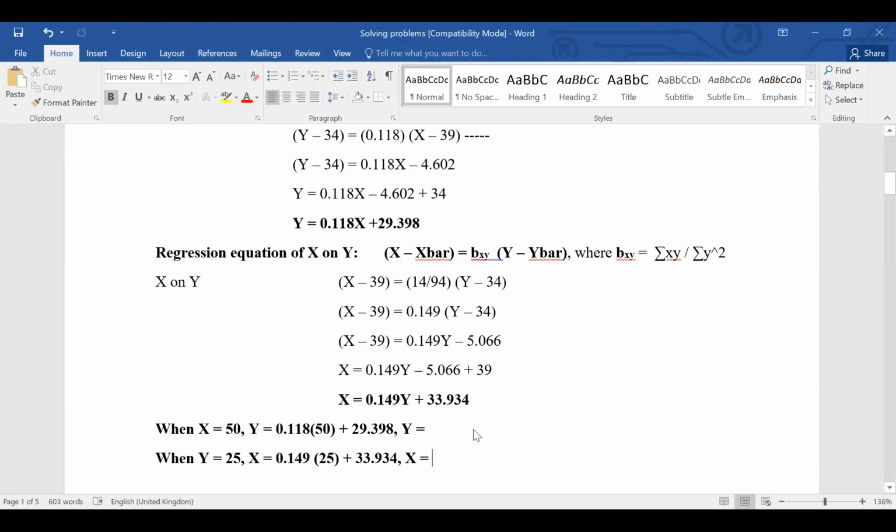Yes, y equal to 35.298. Okay. Very good, Vidya. Thank you, Reshri. Thank you, Arvind. Yeah, right answer. What is the x value?